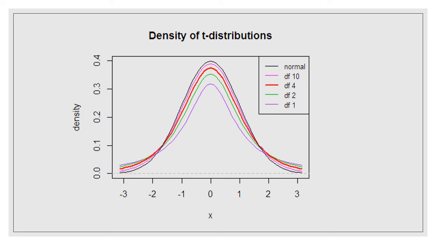This is just meant to be an example so you can get a feel of what the family of t-distributions looks like. Look at the purplish blue distribution of degrees of freedom 1, compared to the normal distribution in black. There's a big difference between those two, but as we get to values of 2, 4, 10, and degrees of freedom of 10, which basically means you have 11 people in your sample, it almost looks like the normal distribution.